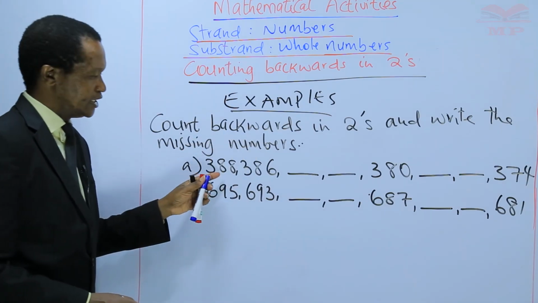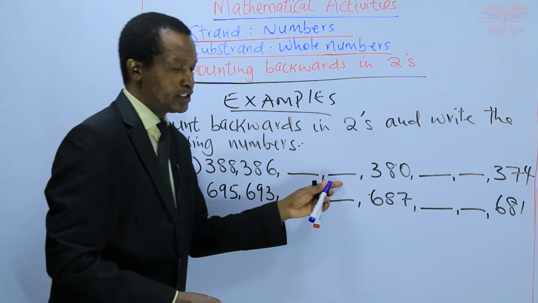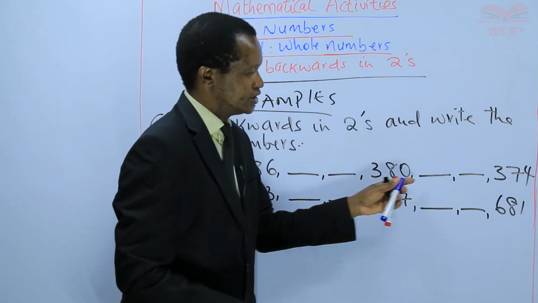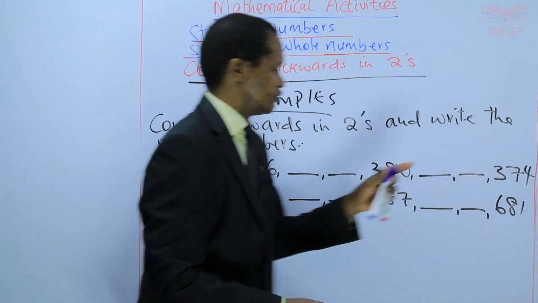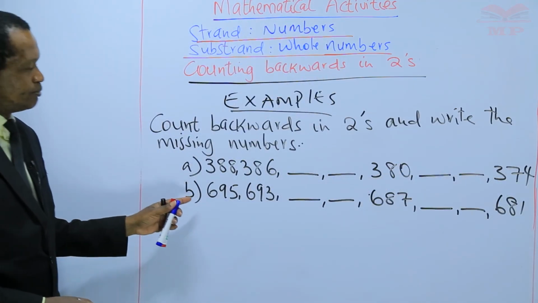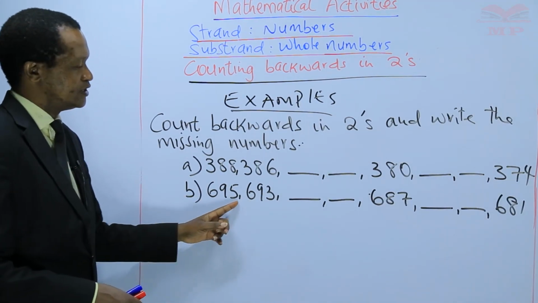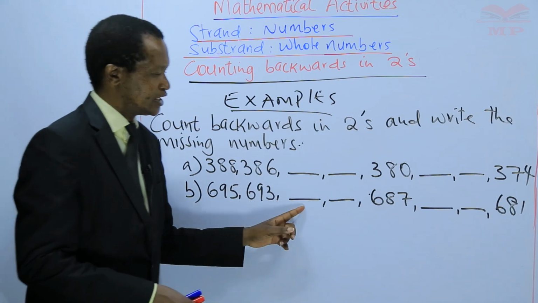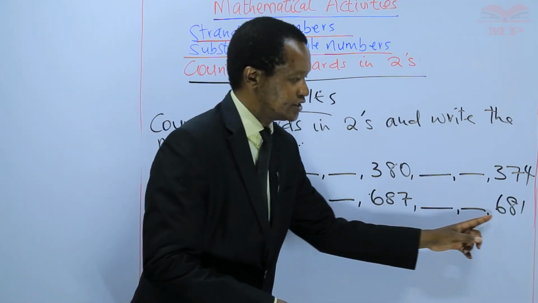A: 388, 386, dash, dash, 380, dash, dash, 374. B: 695, 693, dash, dash, 687, dash, dash, 681.